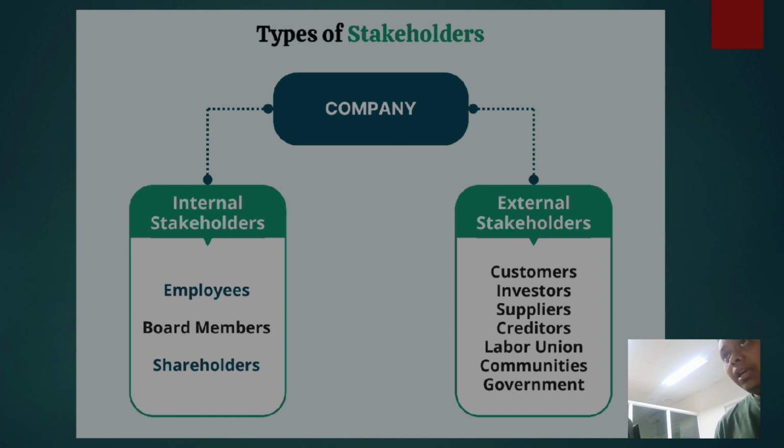So, as I've said, the two types are the internal and external stakeholders. So, as you can see, mainly there are only two directions of our stakeholders in an organization or company or business. So, the difference between the two types of stakeholders is that internal stakeholders have more direct roles when it comes to the organization or the company.